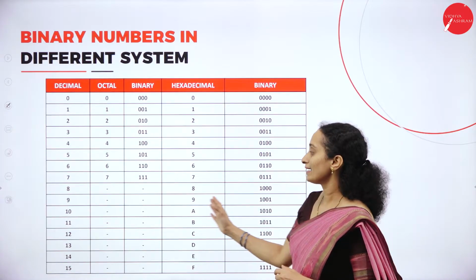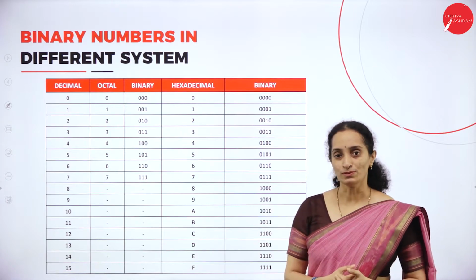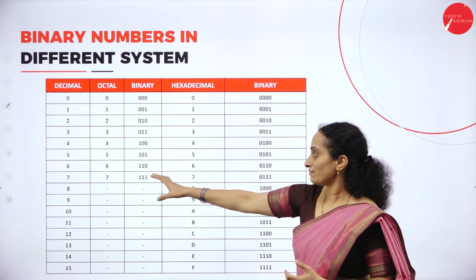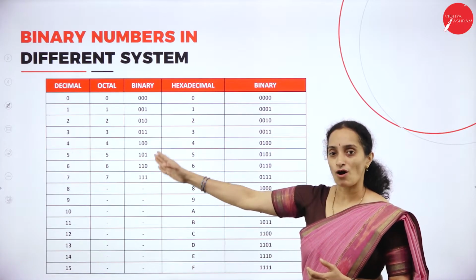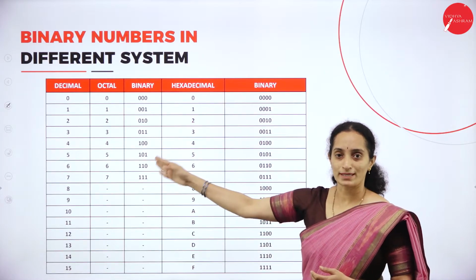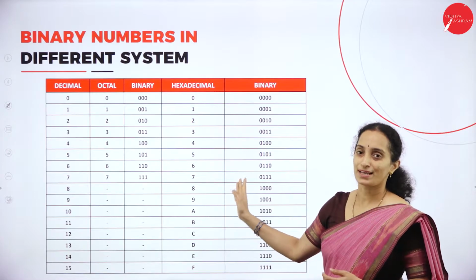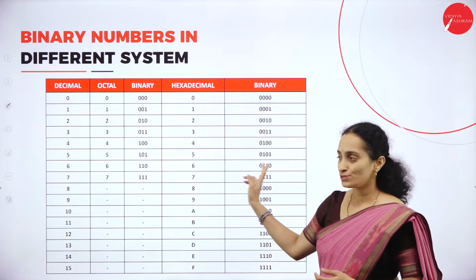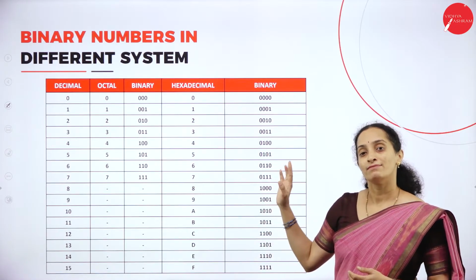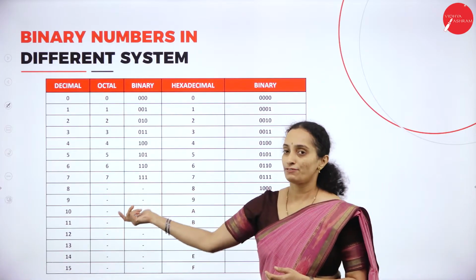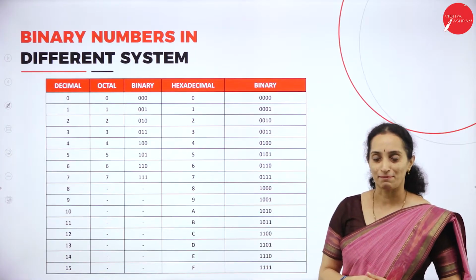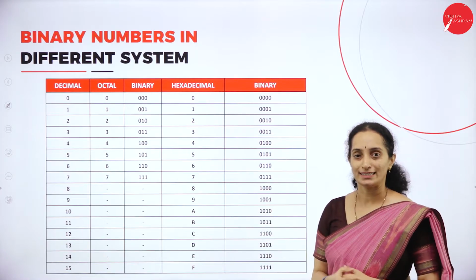So, this is a tabulation that helps you to convert any number in octal to binary or binary to octal and hexadecimal to binary and from binary to hexadecimal. So, this interconversion will be easier if you refer to this table. Okay. So, this is the table.